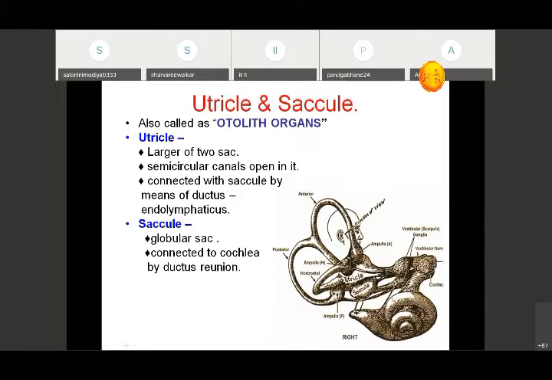The cochlea has a coiled structure, with 2.5 coils, and its main function is hearing. It is connected with the saccule by the ductus reuniens. The receptor organ located in the utricle and the saccule is called the macula.